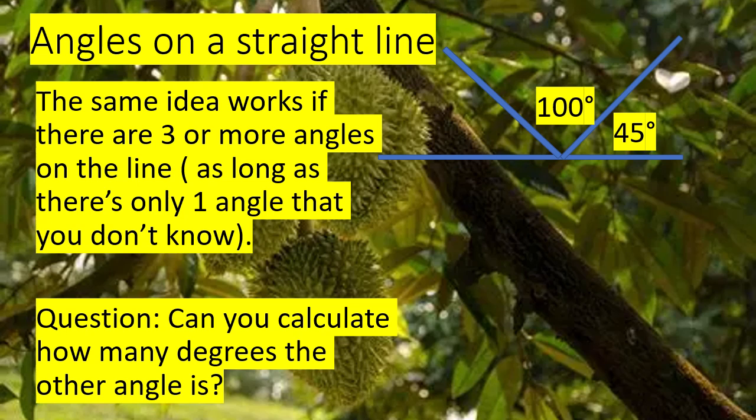So as long as there's only one that we don't know, we can find the answer. And so how big is the other angle? The answer is 35 degrees to make the total 180.